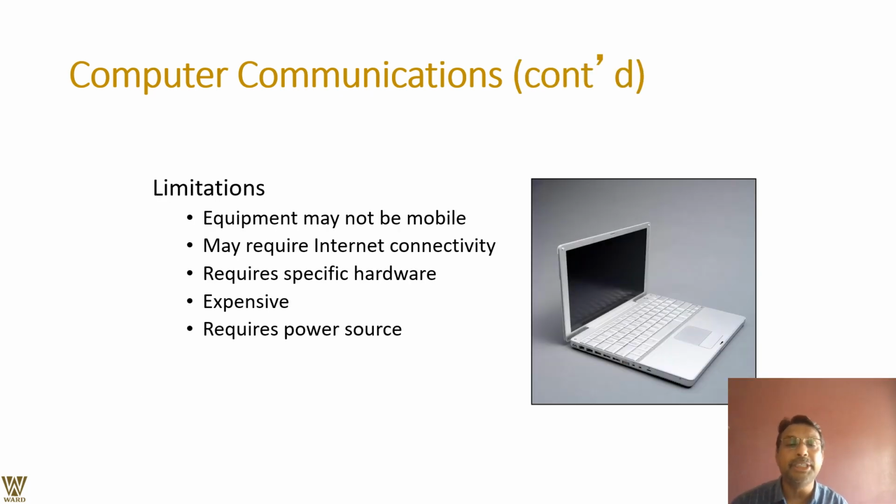But then there are limitations. The equipment, the laptop or desktop, may not be available or may be physically damaged. It may require internet connectivity, specific hardware, and is expensive. And obviously, during a crisis or emergency, there are maximum chances of power loss, but this requires power to work and to perform.